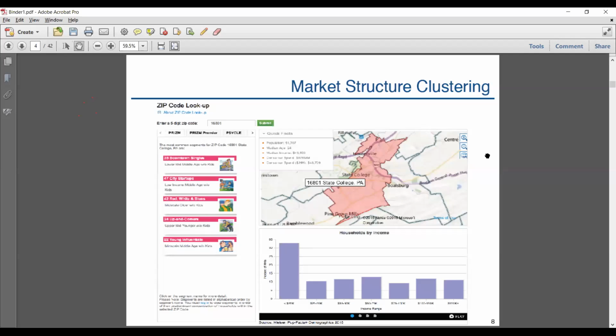They try to cluster those people into different segments based on the information available, for example, their location, their gender, their education, or any other publicly available information. Then they sell this data to different companies that use this information for their marketing purposes. So this is called market structure clustering.